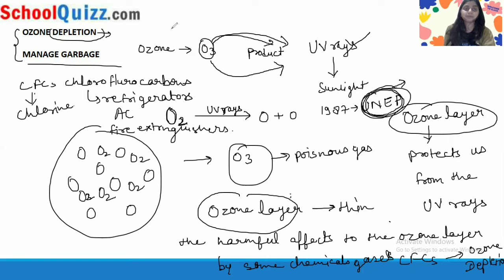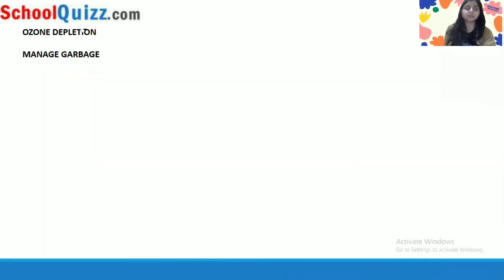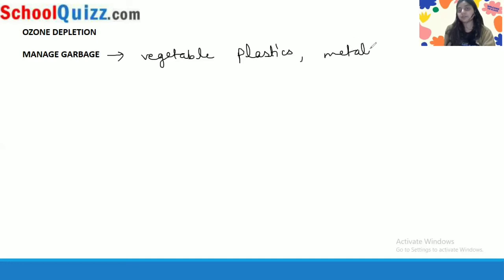So what is managing garbage? In our environment there are many types of garbage around, like vegetable garbage. We have plastics around us, metals, cans, and many more.